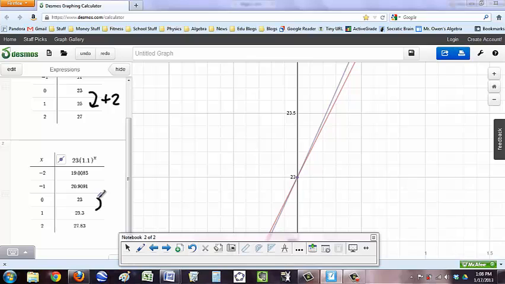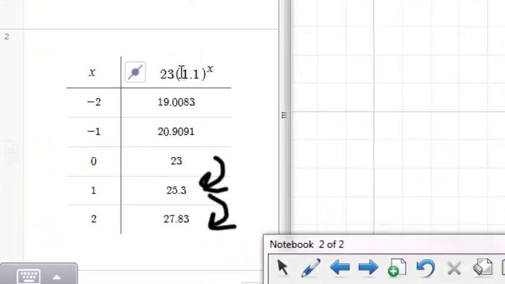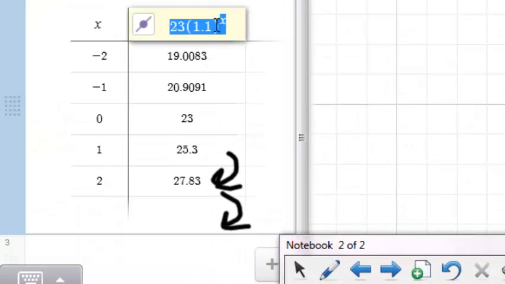Now what is this one doing? We can't say that it's going up by the same amount each time, so we can't say plus 2.3, because then this one wouldn't be the same. It's going up by a different amount. So what are we really doing here? How are we generating this list? Well, we're multiplying times 1.1 x number of times, aren't we?